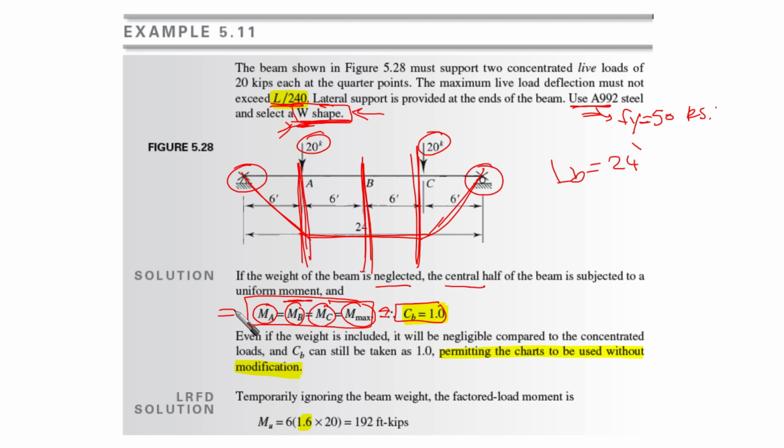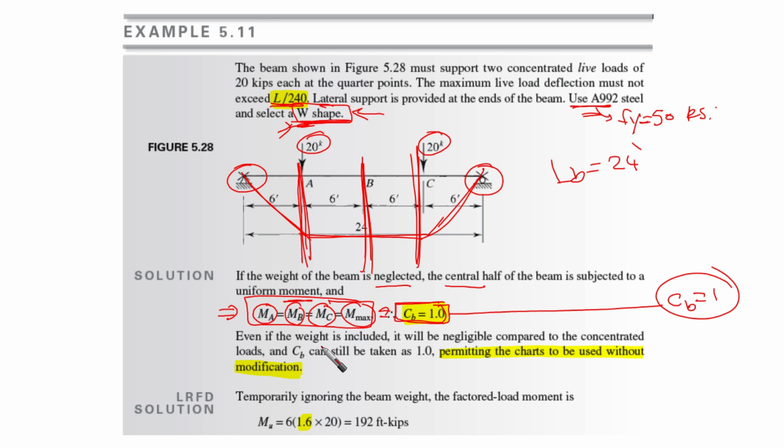If they are all the same, this means that Cb equals 1, as I have explained before, and there is no need for us to adjust for the moment. So whatever nominal strength we obtain from the curve, we are going to use it directly without any modifications.